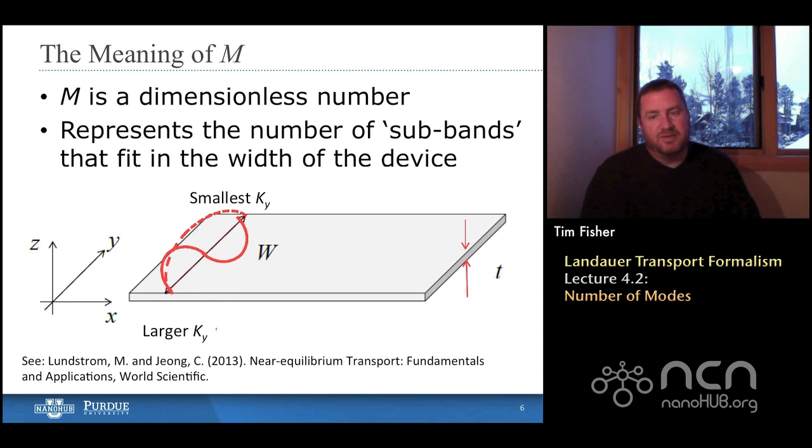Those are the only two that I've shown on this figure, but it goes on and on, so that every half wave increment can fit into this width. And so those are the different modes. And so M is the number of those that fit into a width W of this device. Okay, and that's essentially what the number of modes represents physically.